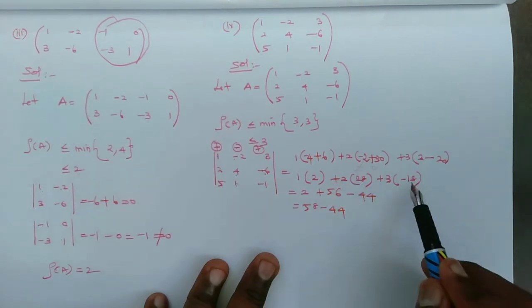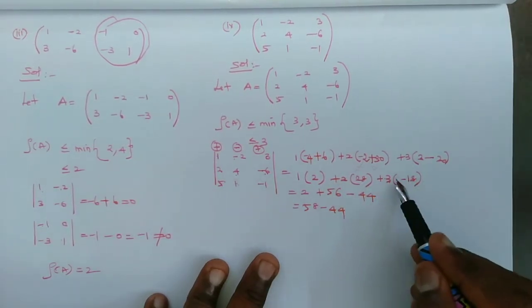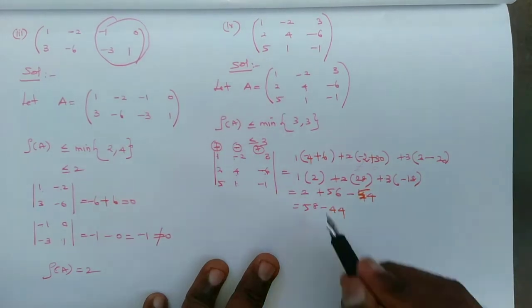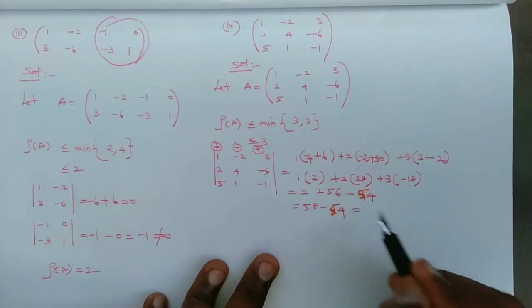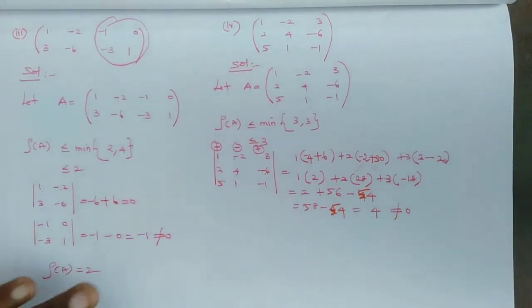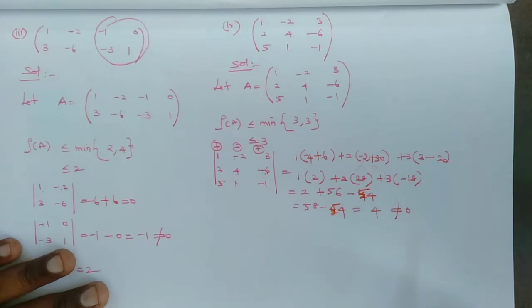This is 54 students. Sorry, this is 54. What is the answer? 4, which is not equal to 0. 8 3s are 24, which is not equal to 0.